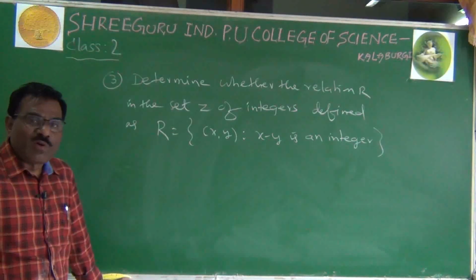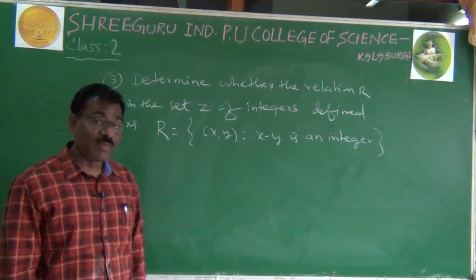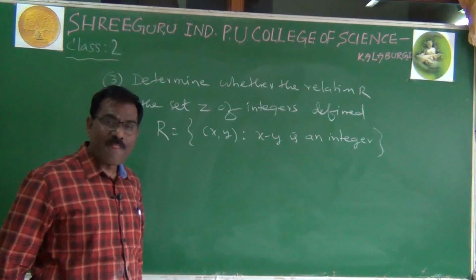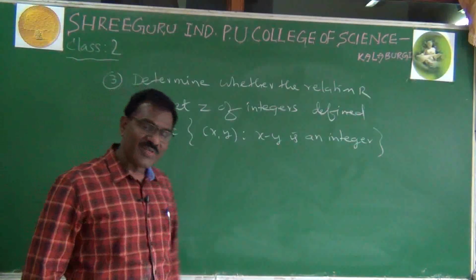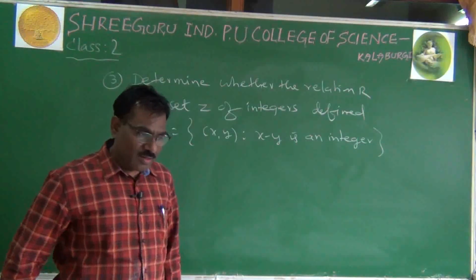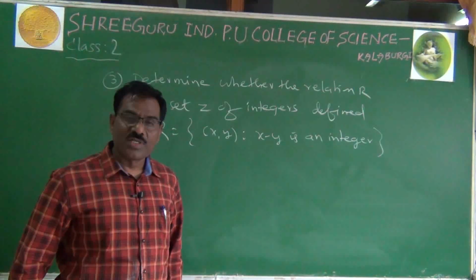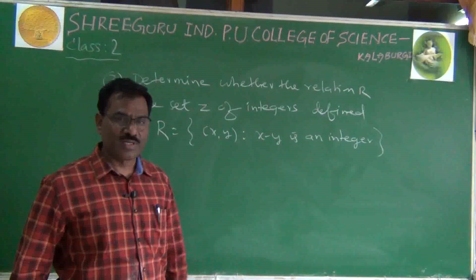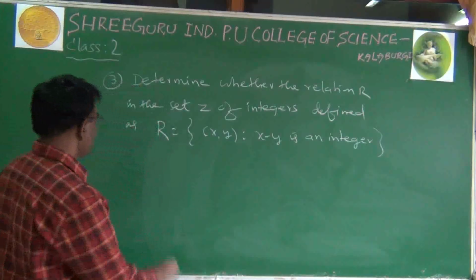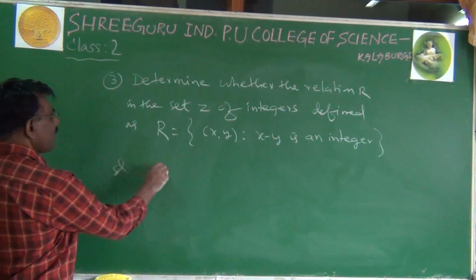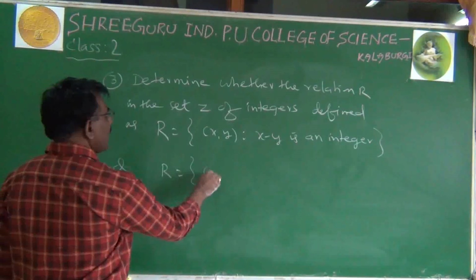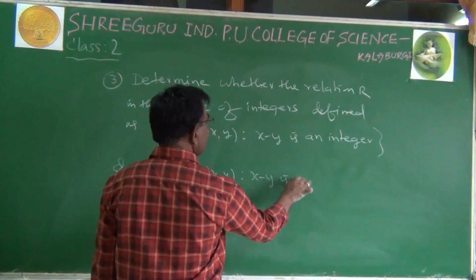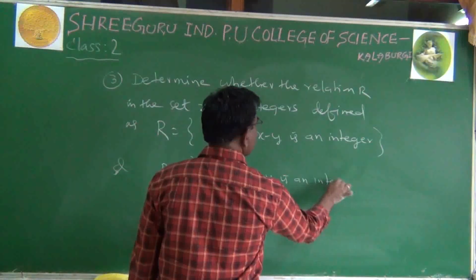I am not giving steps, just explaining orally, because it's very simple. Integer property: the difference of two integers, X and Y being integers, is also an integer. Solution. R is equal to X comma Y such that X minus Y is an integer.